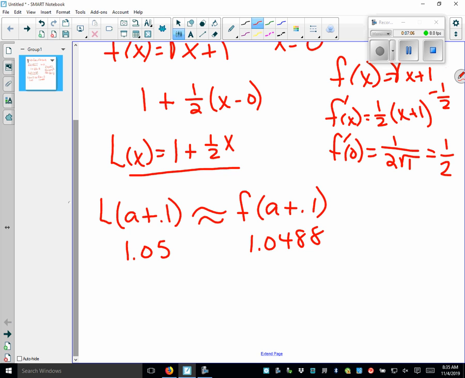That's what linearization is: how close is this getting to plugging it into the regular function? That's the first thing we're doing.